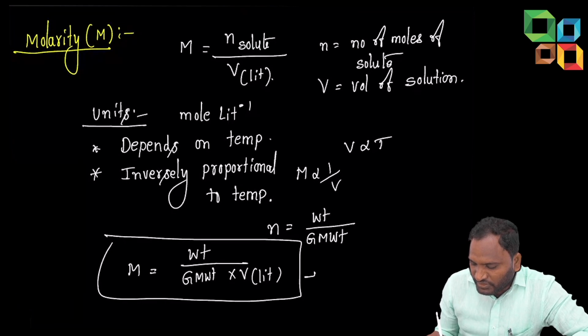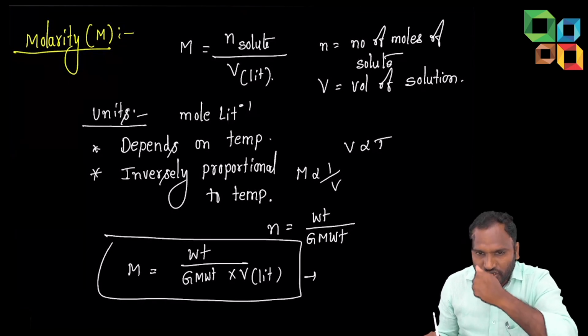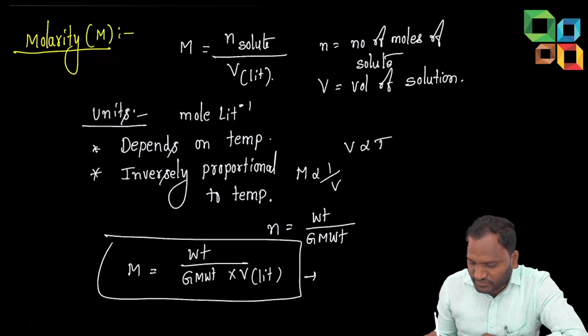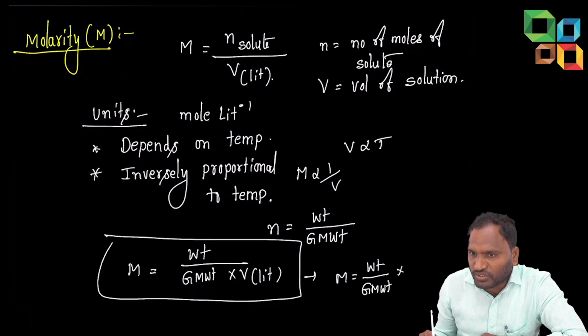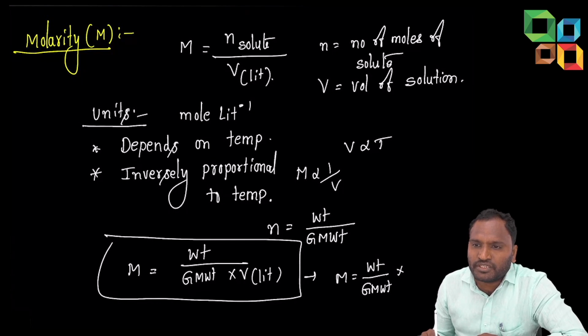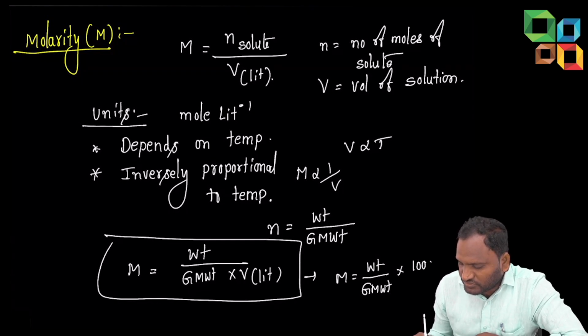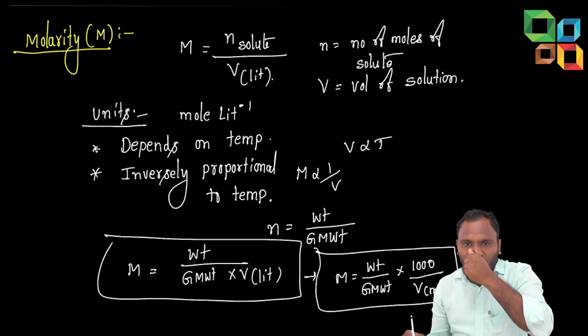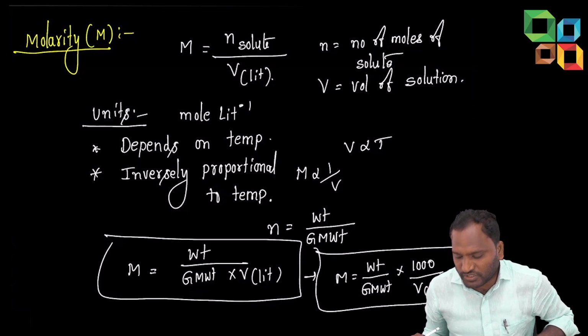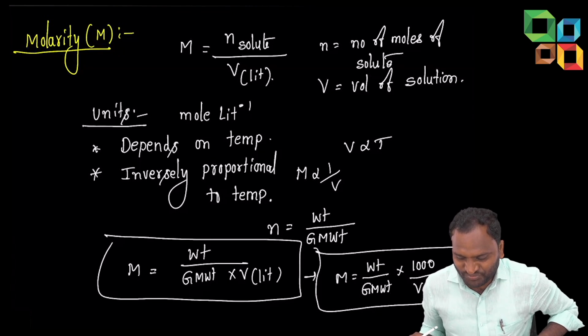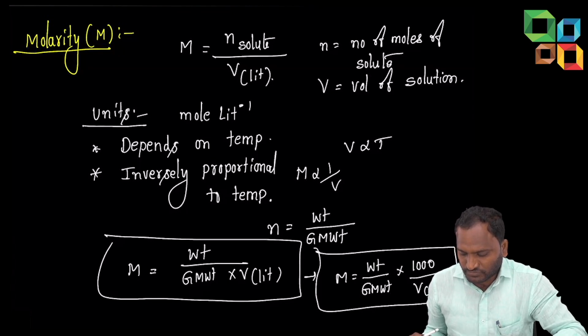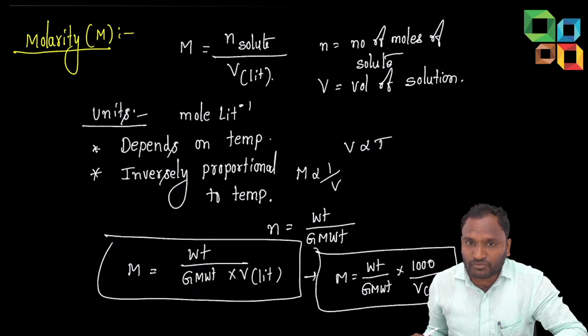If you want to convert in terms of milliliter, because volume is also given in milliliters every time, molarity is equal to weight by gram molecular weight, and to convert liter into milliliter, multiply by 1000. Now we get volume in terms of milliliter. This is the one final form of molarity. V is volume of solution.